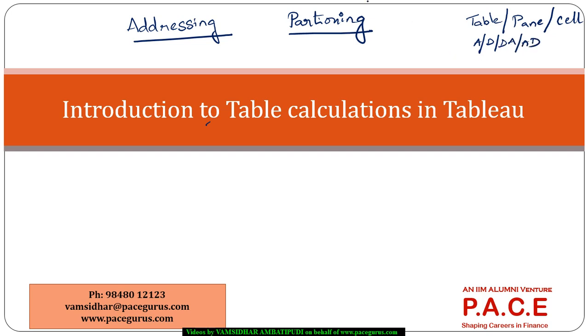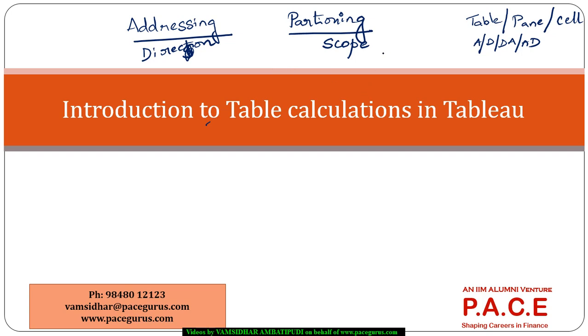So this is the direction and the pane. Now whereas when we are talking of addressing and partitioning, to a large extent they are similar to scope and direction. Right? Scope is more similar to partitioning and direction is more similar to addressing. We'll see how they are different.